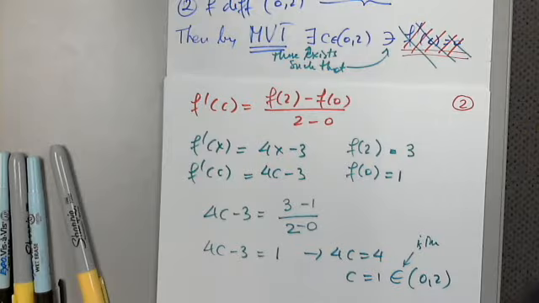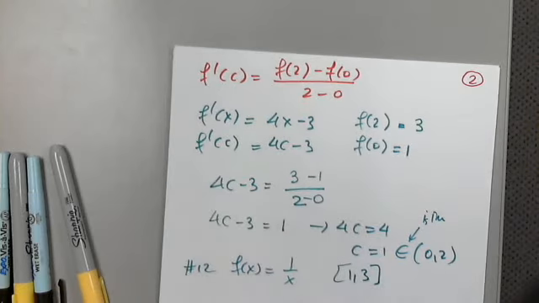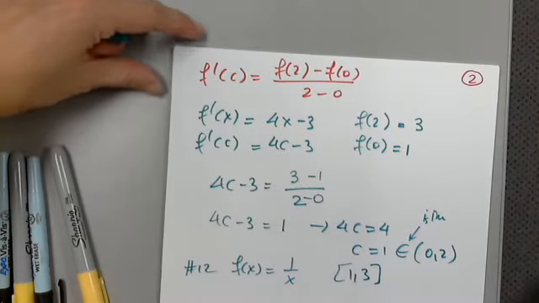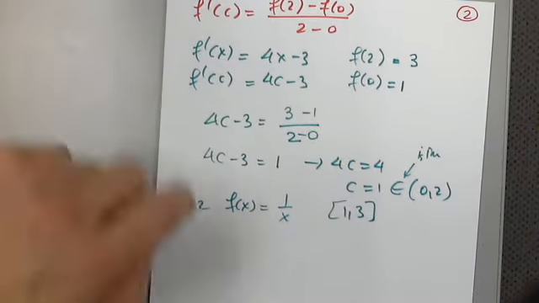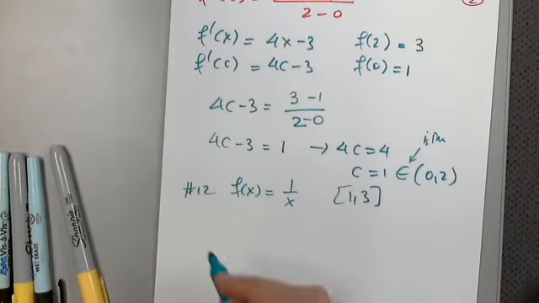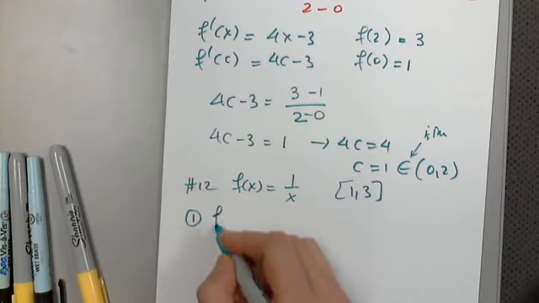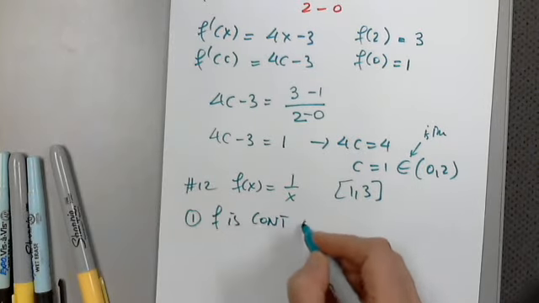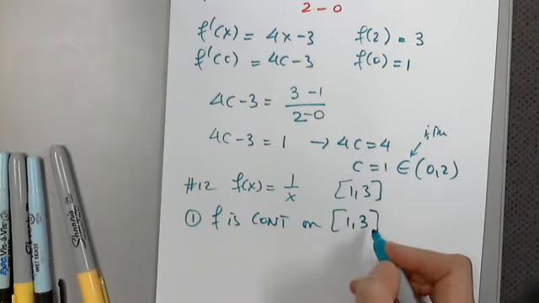Okay, let's look at one more. Let's say number 12. We have f of x equals 1 over x, and the interval is 1 comma 3. So condition number 1, or hypothesis number 1, is f is continuous on the interval 1 comma 3.